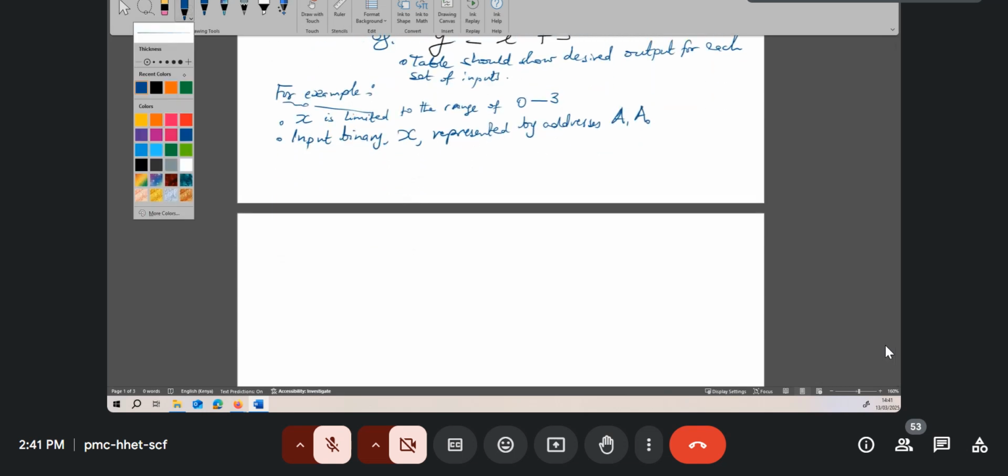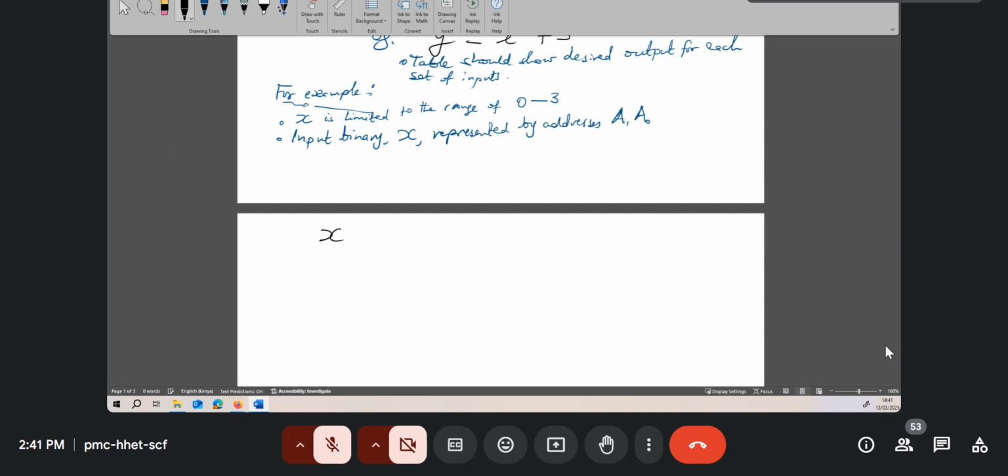So we are doing this for the range of 0 to 3. That means, in essence, our x is limited to just 2 bits.